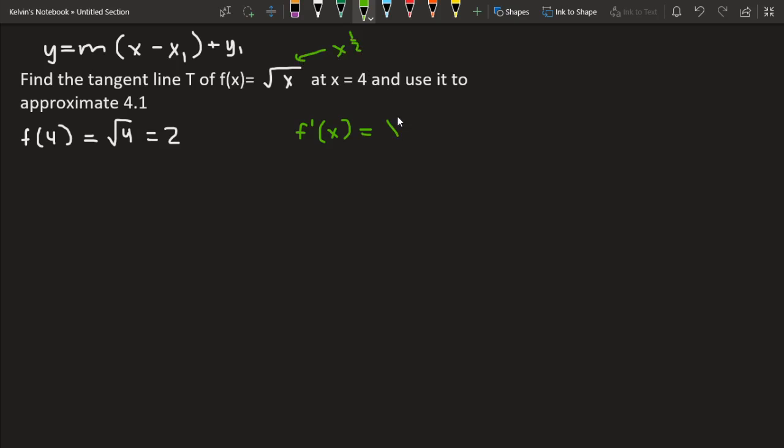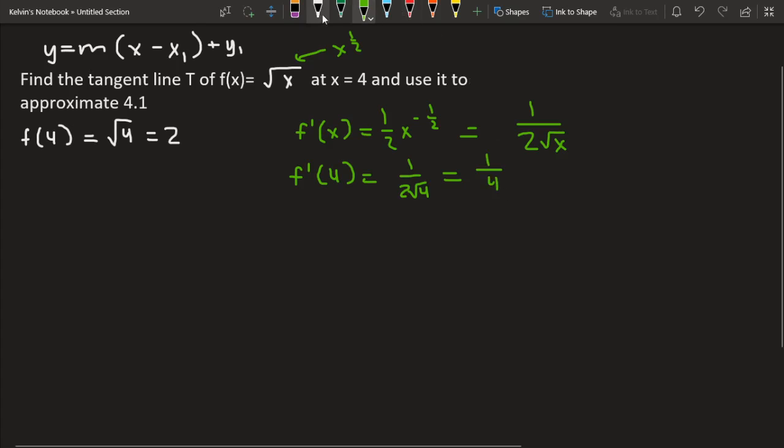So if it's x to the power of 1/2, then the derivative is 1/2 x to the power of negative 1/2, and this is just equal to 1 over 2 root x. And if we want to find m at x equals 4, then we just do f prime of 4. So f prime of 4 is equal to 1 over 2 root 4, which is equal to 1/4.